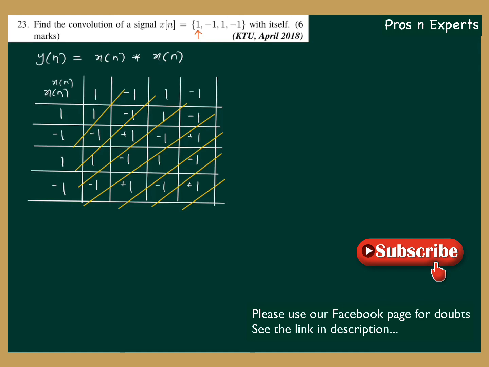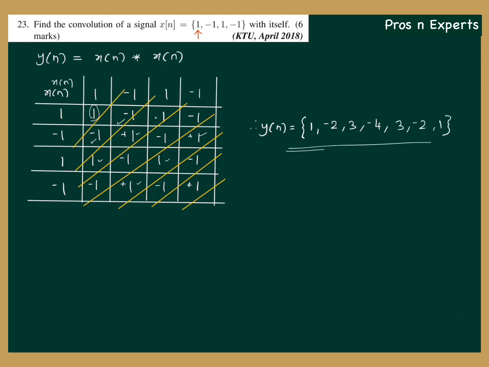Now you find the sum in each diagonal, and that will give the answer. Therefore y of n is equal to 1, then minus 1 and minus 1, which add up to minus 2. Then 1 plus 1 plus 1 is 3. Here minus 4. Then 3, then minus 2, and finally 1. So this is the answer.